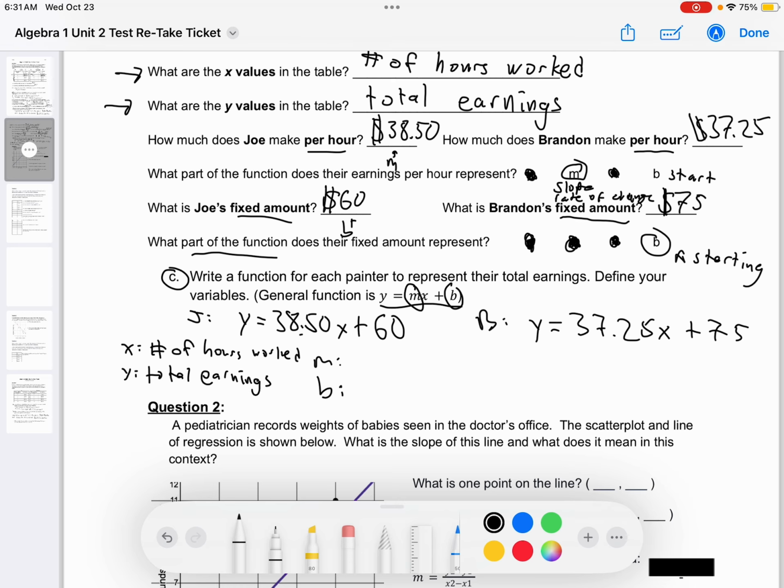Our m, if we look up at this section, we said, is how much they make per hour, or that would be their earnings per hour. And b is their fixed amount.